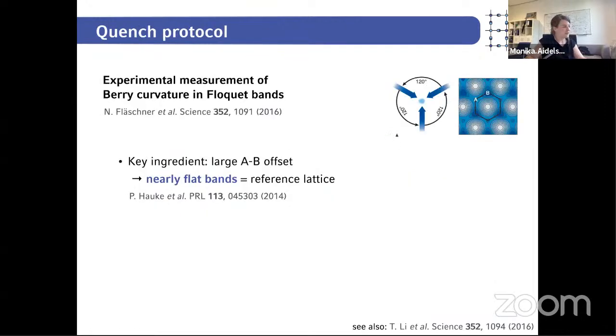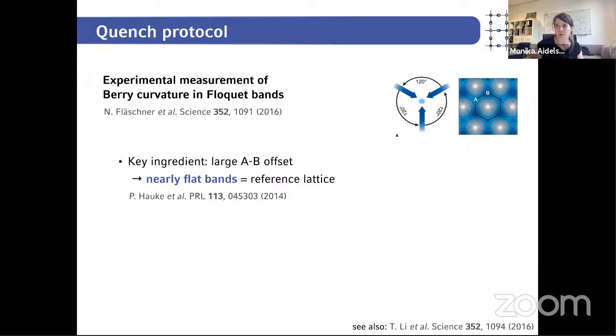And there's actually a very nice way to probe directly the Berry curvature distribution quasi-momentum resolved, which is a technique that has been implemented by the Hamburg team. I would like to briefly sketch the idea. In the upper right, you see how the hexagonal lattice is generated. Again, it's generated by interfering three laser beams.